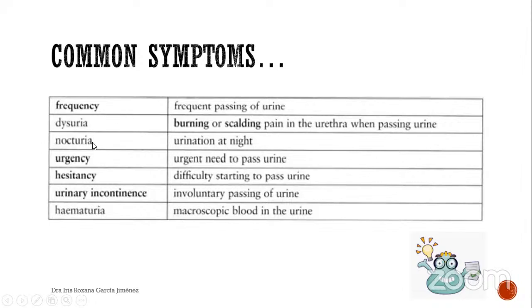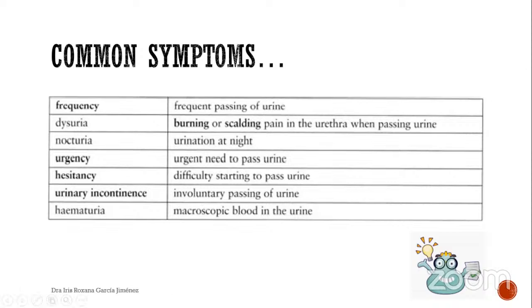Nocturia, urination at night. Urgency, urgent need to pass urine. Hesitancy, difficulty starting to pass urine. Urinary incontinence, involuntary passing of urine. Hematuria, macroscopic blood in the urine.